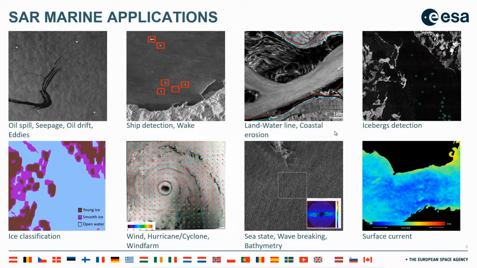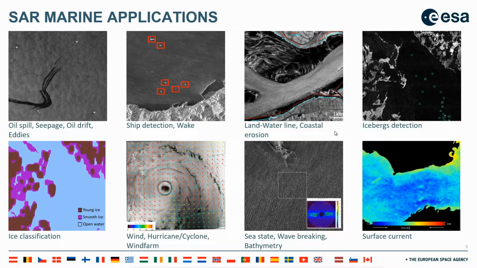Then there are studies about how the oil drifts. This is quite important because in case of an oil spill, you want to predict how the oil is moving and whether it is reaching the coast, so you need to take special measures to prevent it. And there are also ocean eddies, which are quite important for current circulation and so on.